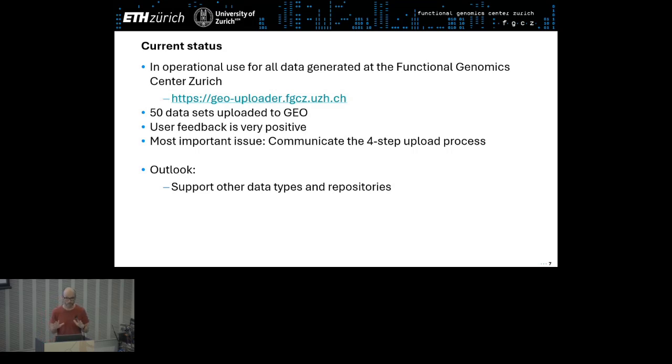The most important issue is making clear to the users that they have these 4 steps, that they need this account in GEO, and only with those credentials can they kick off the GEO Uploader, and then things go smoothly.